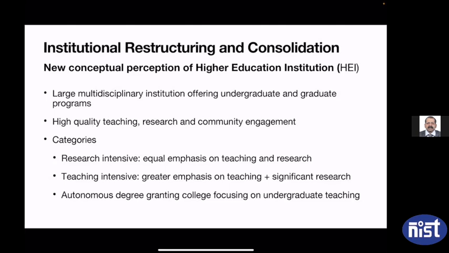So the difference between ADC, Automatic Degree College, and the teaching intensive or research intensive university is basically the presence of research. And the fact that teaching has been kept even in the research intensive university at an equal emphasis. So that at least on paper, one of the biggest jobs of the university, which is dissemination of knowledge or teaching, has been given proper priority.